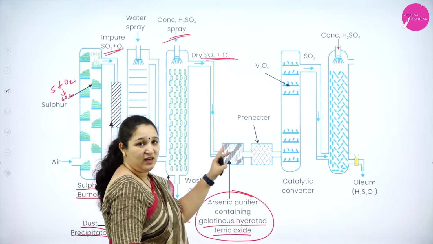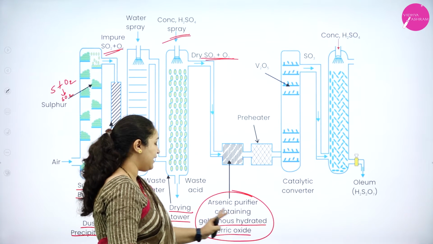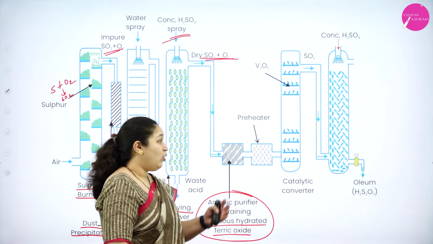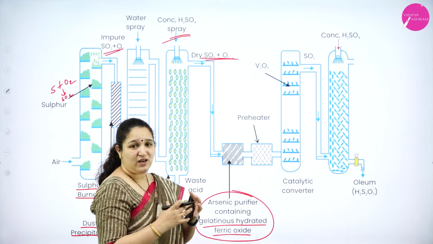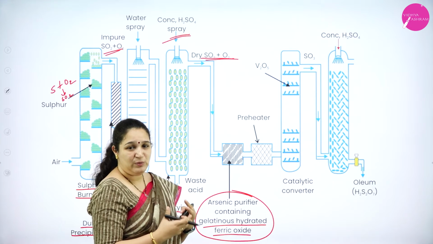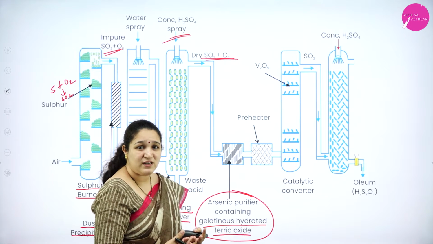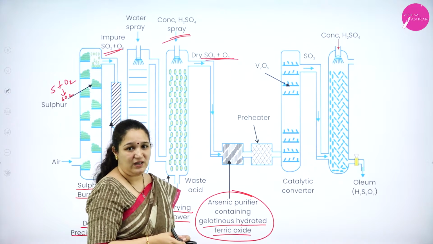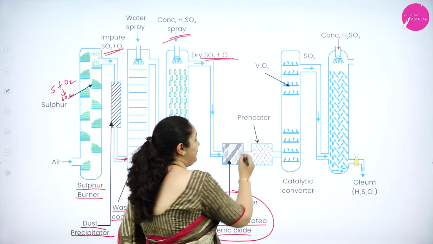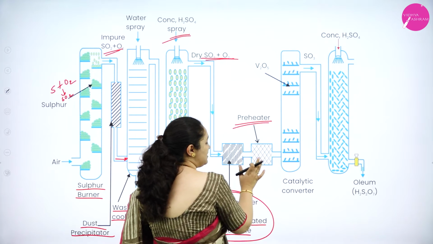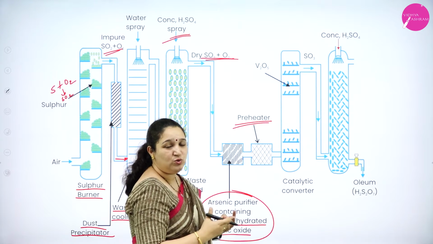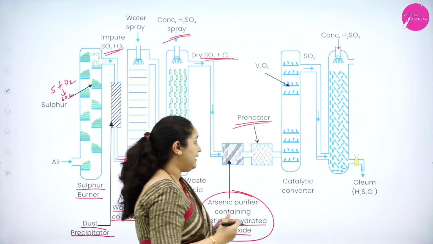So arsenic is removed by gelatinous hydrated ferric oxide, and further, there can also be a Tyndall box to check whether there are any impurities. If the Tyndall effect is observed, then again the purification process has to be done, or it can go into the preheater. So here the gases are heated to a high temperature of very close to 720 Kelvin.